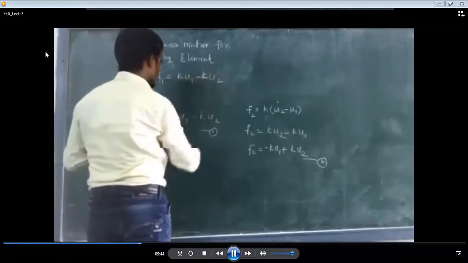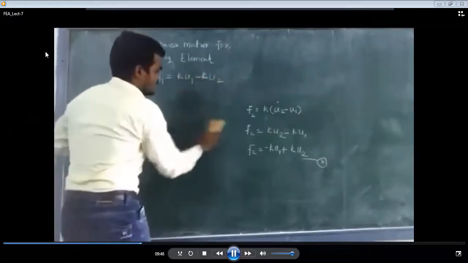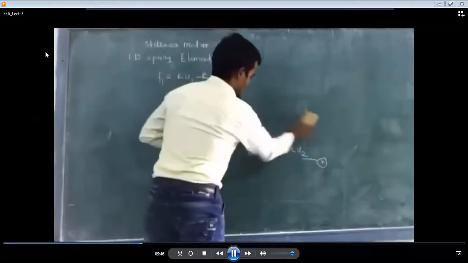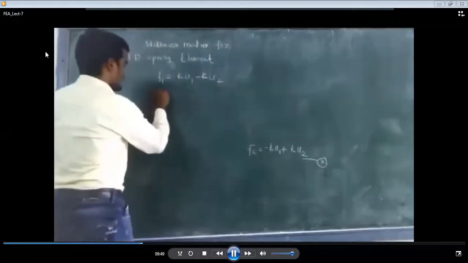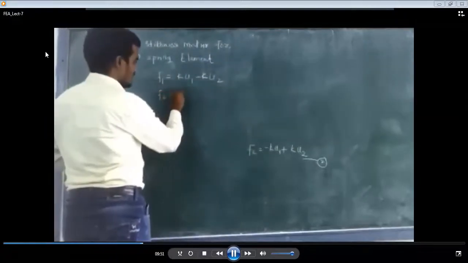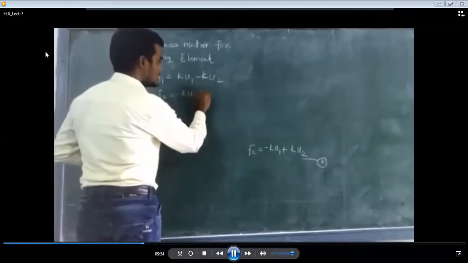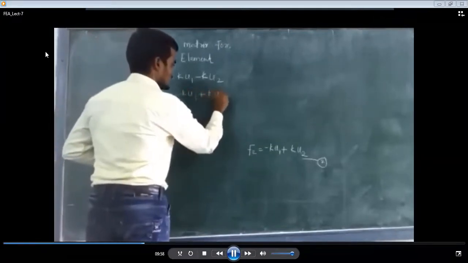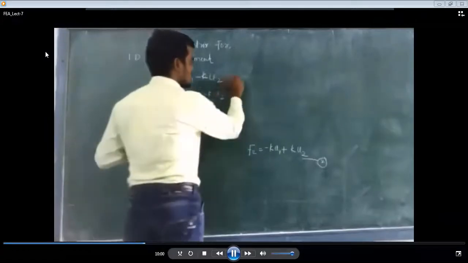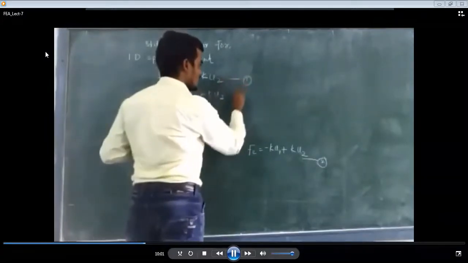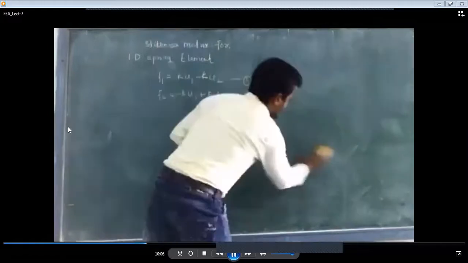So first write these two equations. F1 is equal to k times u1 minus k times u2. Similarly, F2 is equal to minus k times u1 plus k times u2. So we are considering this as equation 1 and this as equation 2.